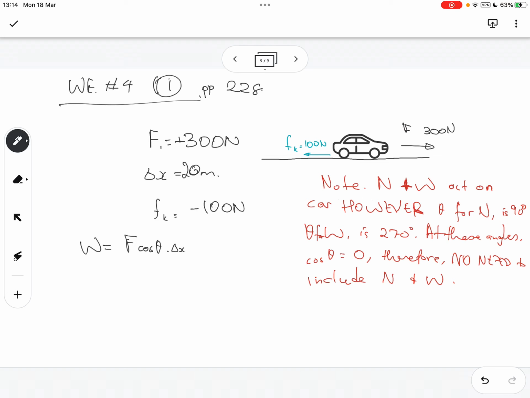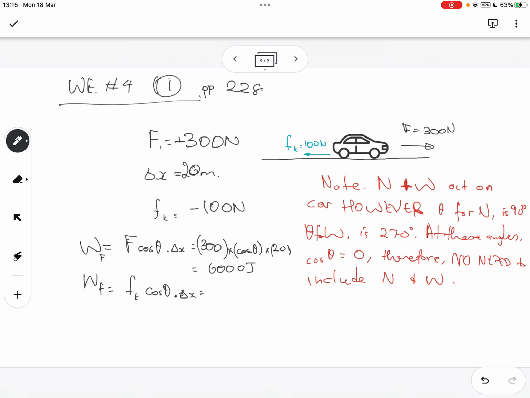For the first force, the work done is F cos theta times delta x, so this would be 300 times cos 0 times 20 meters, which is 6,000 joules.